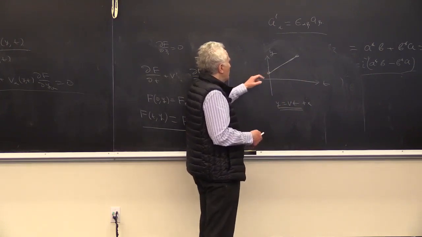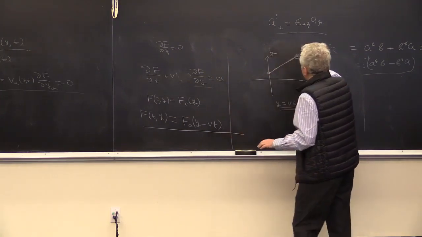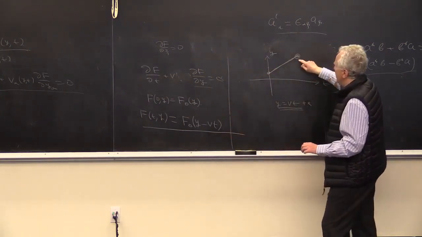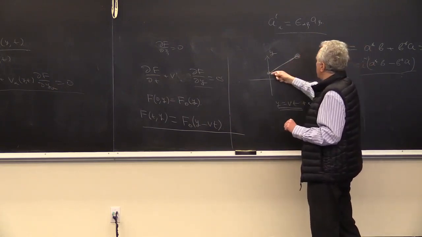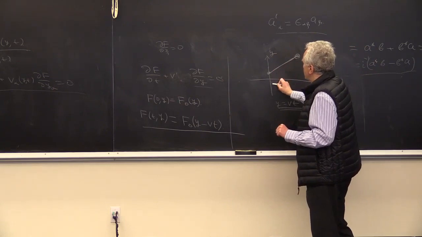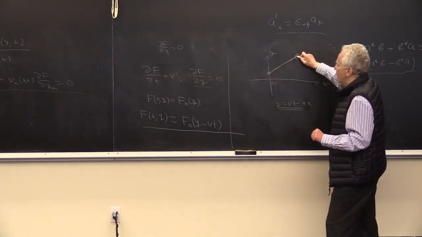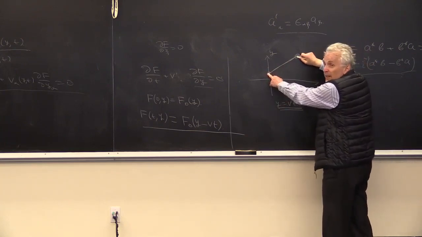But what is important is that suppose we are interested in the value of f at this space-time point. We have to backtrack in time to the time 0, and the value of function f here is simply inherited from this value.